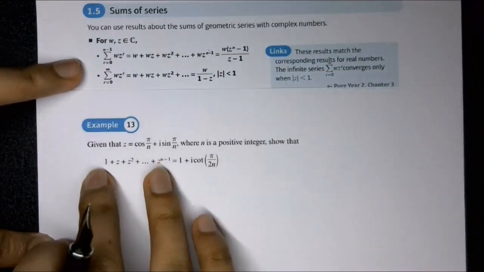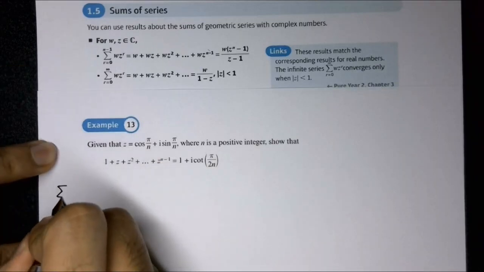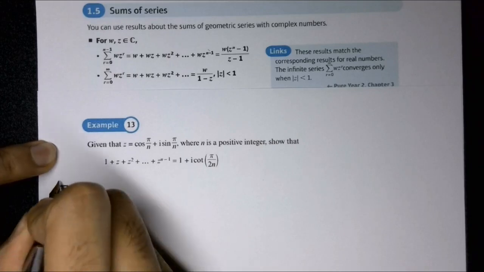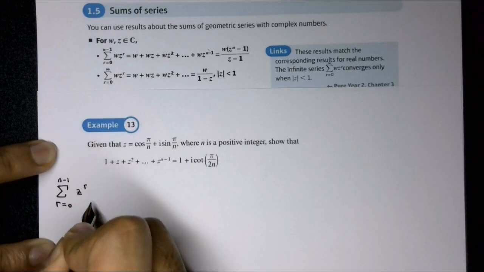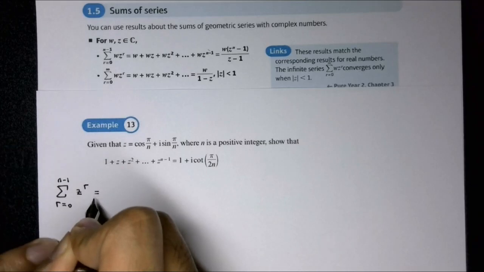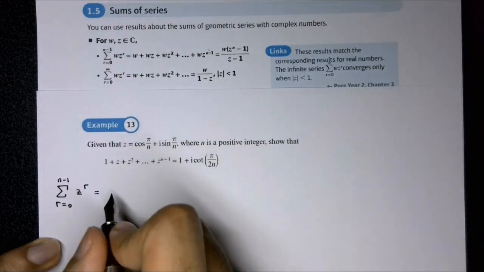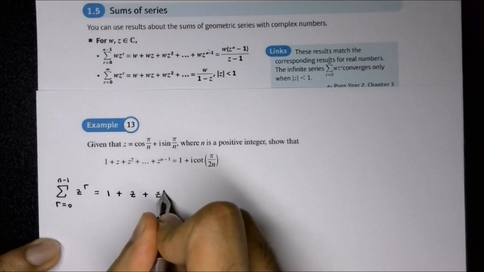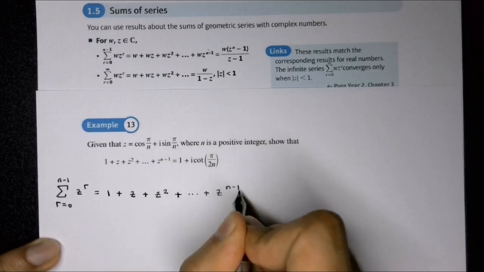So if we consider the left hand side of this equation, hopefully you can recognize we have the sum from r equals 0 to r equals n minus 1 of z to the power of r. And if we tidy all of this up, comparing with what we have over here, with w equaling 1, we have 1 plus z squared plus terms up until z to the n minus 1.